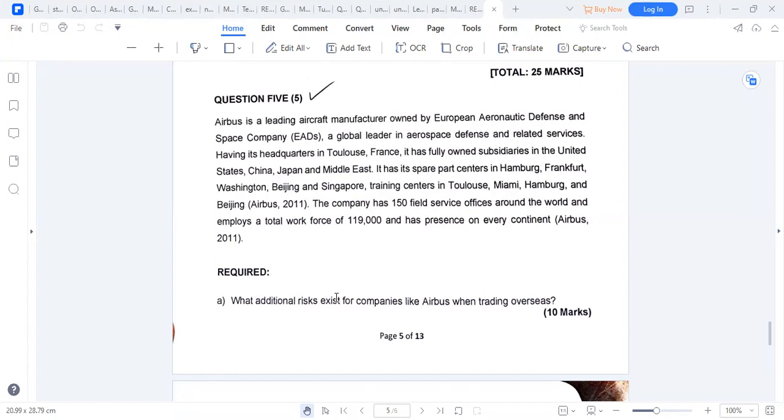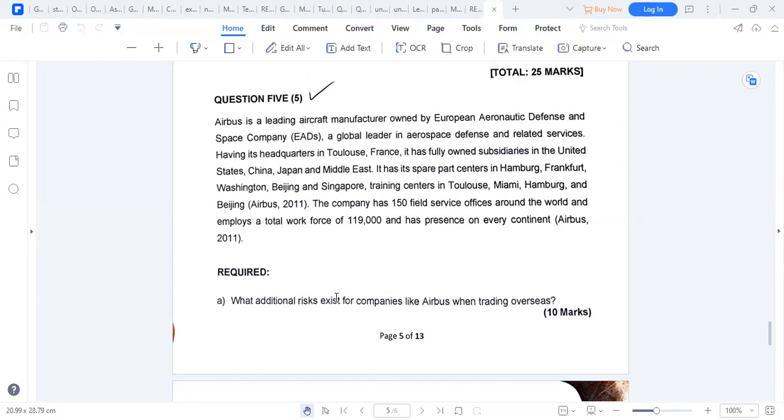What other risks did I talk about? Legal, supply chain. Talked about supply chain risk now. The supply chain risk is a risk that comes about because of global operations.